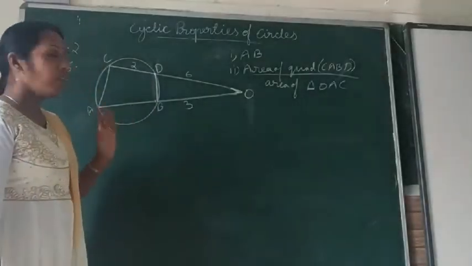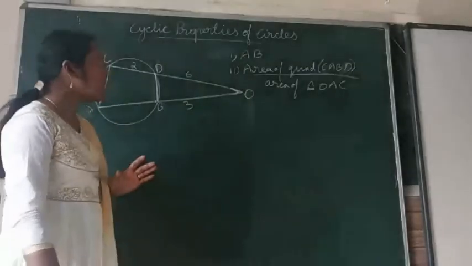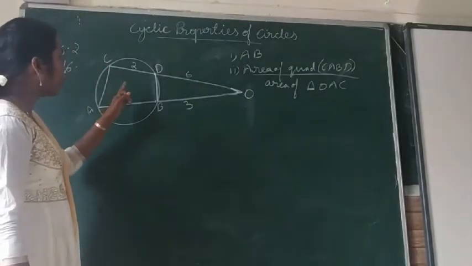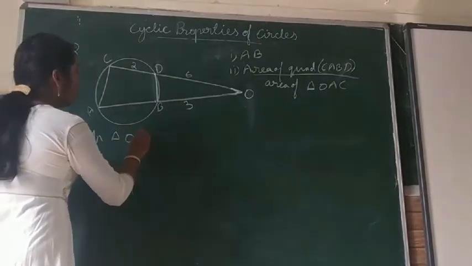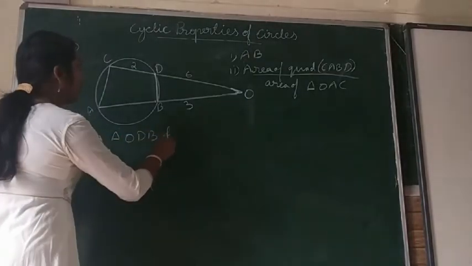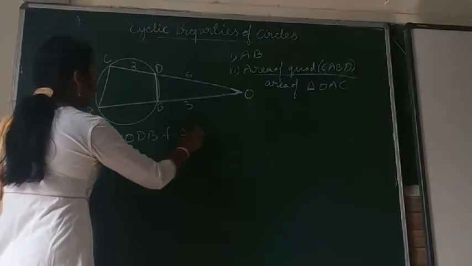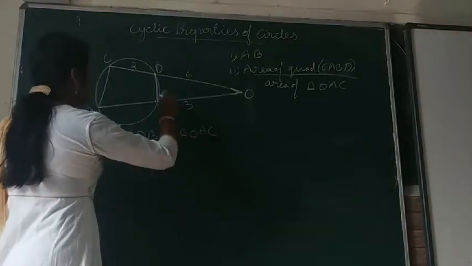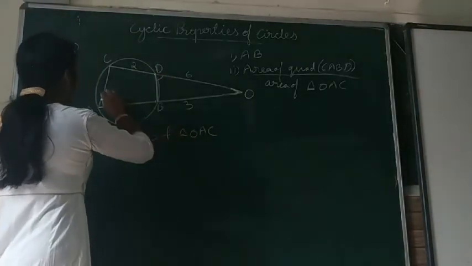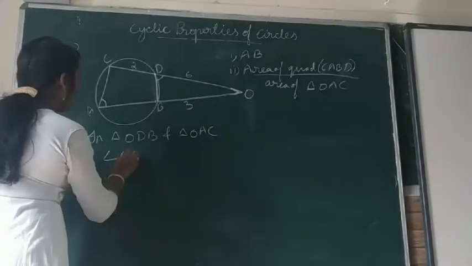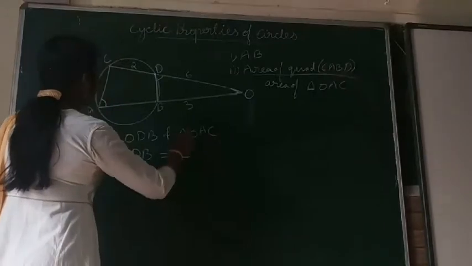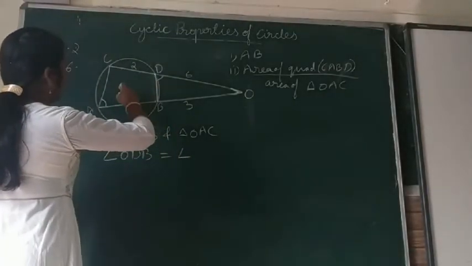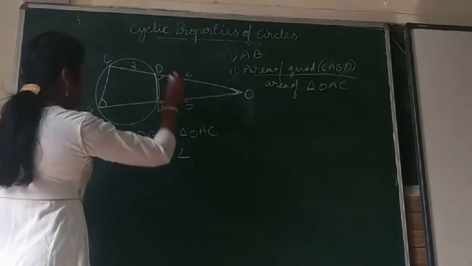So here we have to apply the similarity theorems. First of all, let us prove the triangles. In triangle ODB and triangle OAC, we know that these two angles are equal. Angle ODB is equal to angle OAC.